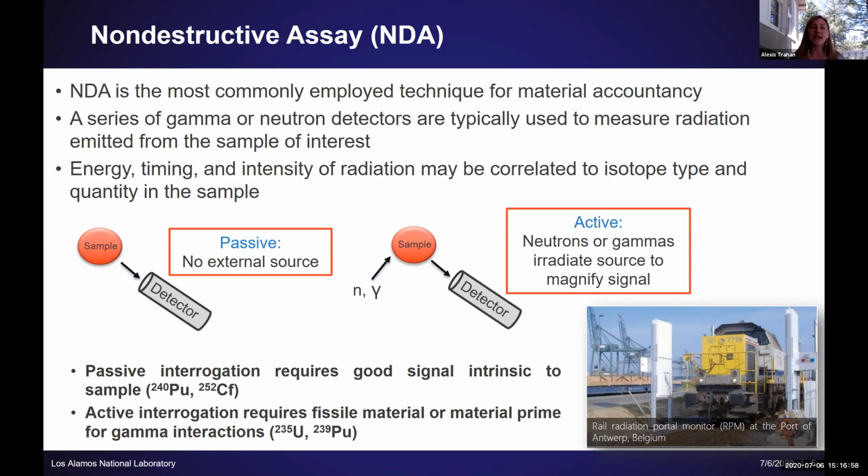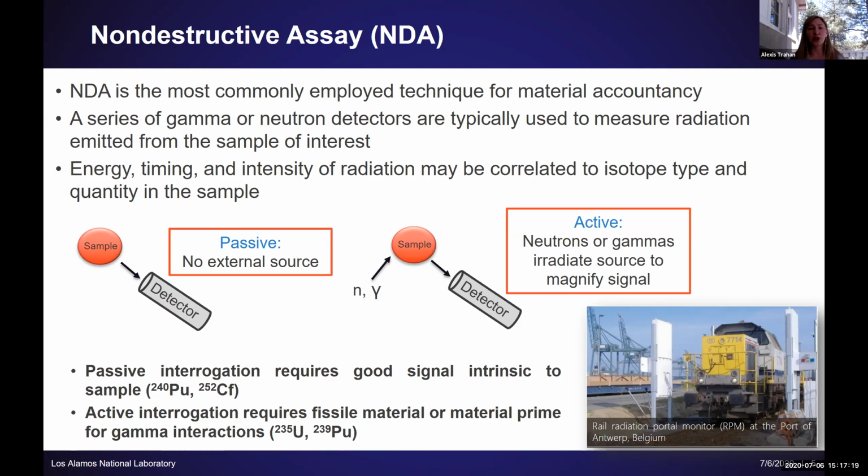And in particular, NDA measures the radiation that comes out of some sample or some material and uses that to characterize it. So non-destructive assay instruments typically consist of a series of gamma or neutron detectors, or it could be a calorimeter to measure the heat.